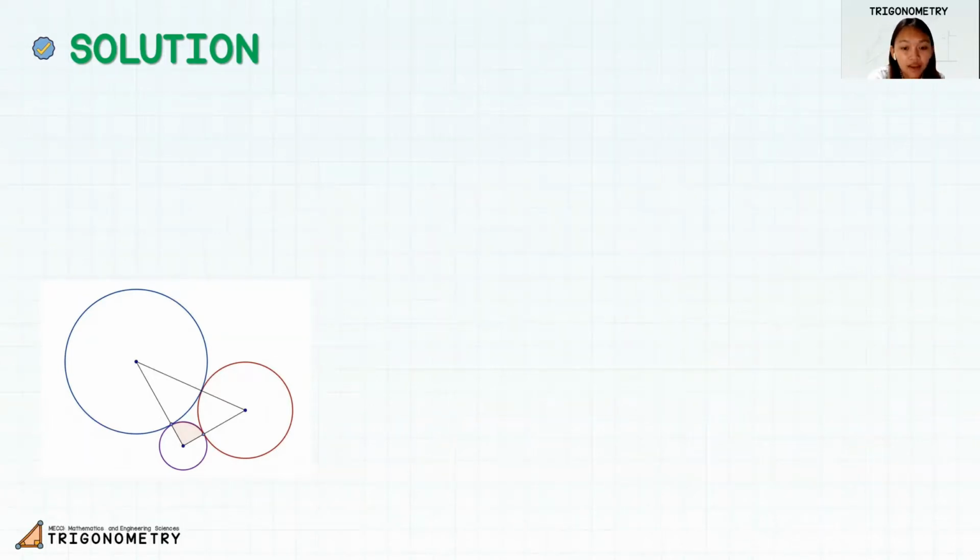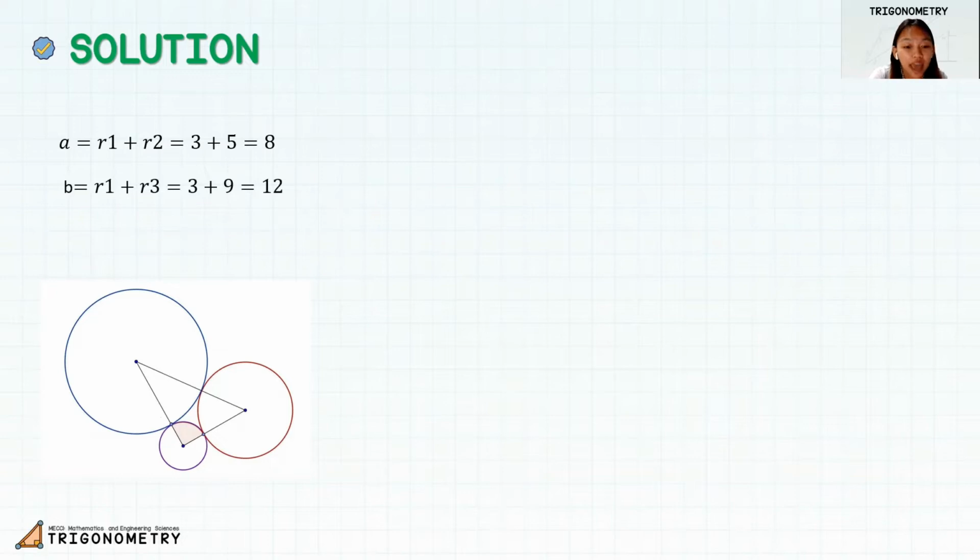So the lengths of the sides of the triangle are the sums of the respective radii. Therefore, to get side A, we add radius 1 and radius 2. Then side B is radius 1 and radius 3. And for side C, we add radius 2 and radius 3.